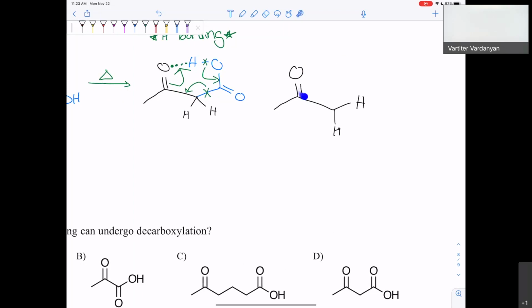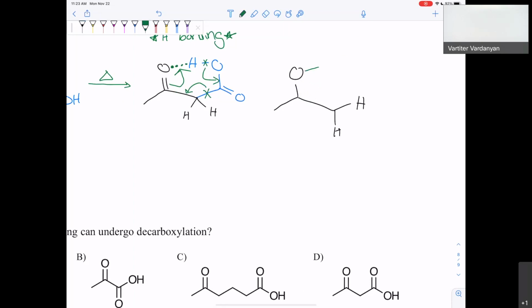So we use this double bond, so we have to get rid of it. And we created a single bond to our hydrogen. And then we created a double bond here. And we erased this bond to form a double bond, right.